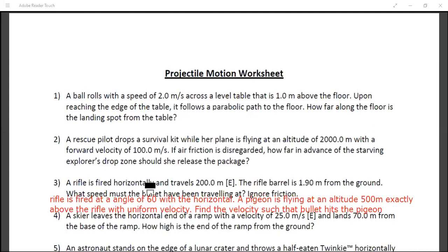So, but then there's also a minimum requisite, because we need to have U to at least have a max height of 500 meters. No, but why do we need that, sir, because you could have, for example, say the pigeon's velocity was 10 meters per second, right? And then this U cos theta equals 10 meters per second, so U cos 60 equals 10 meters per second, U equals 20.